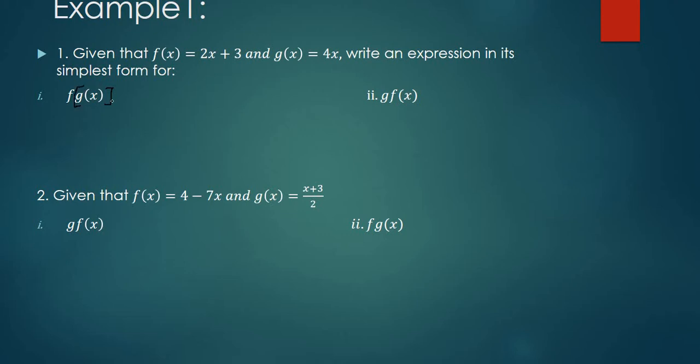So we are taking the function g and we are going to substitute it into f to create a new function. So this is the same thing as f of, instead of writing g of x, we can write what g of x is equal to. So we're going to write f of 4x.